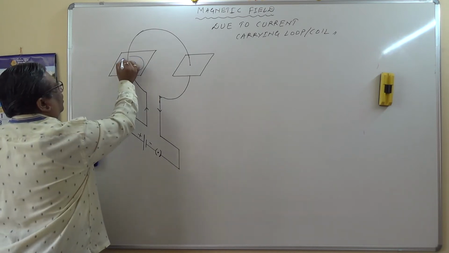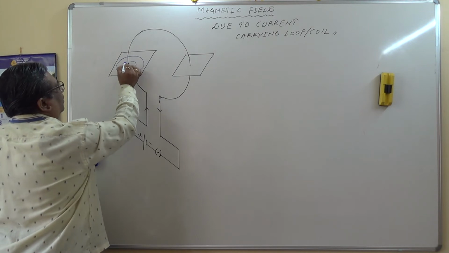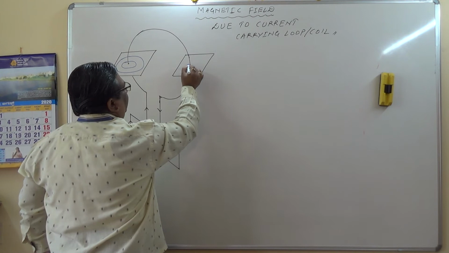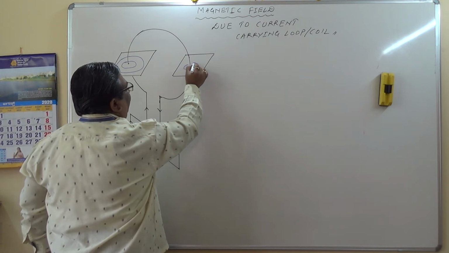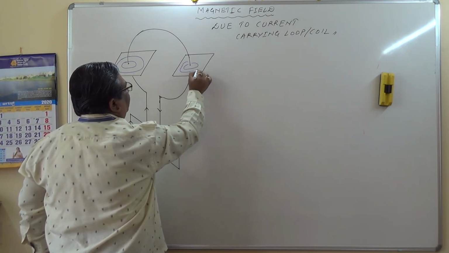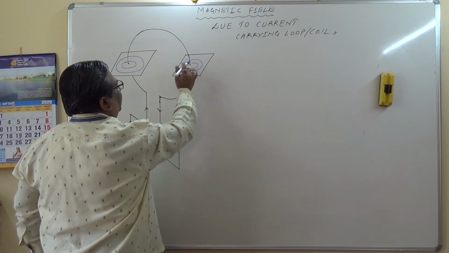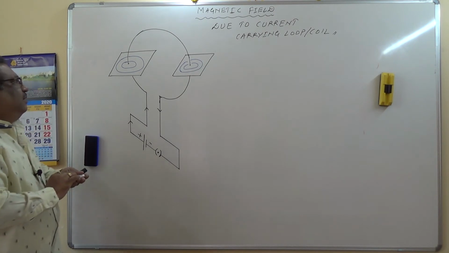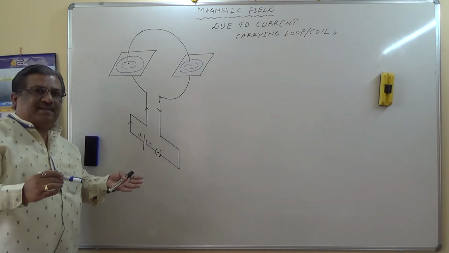Here also we observe the field lines are in the form of concentric circles. How did you identify this?